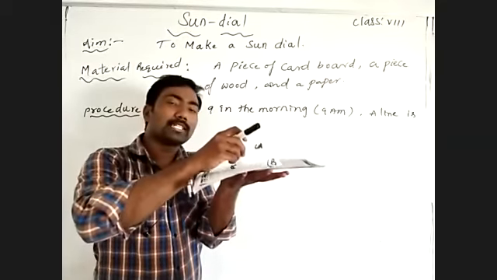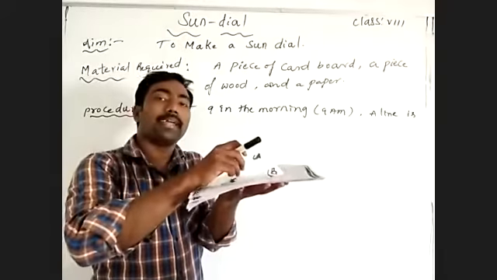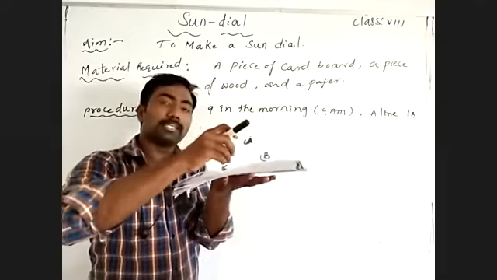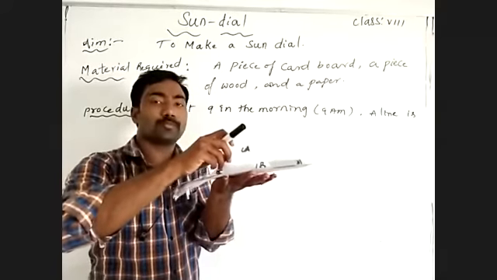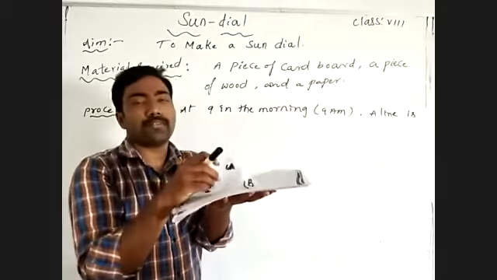By placing it in the open at exactly 9 a.m., we draw a line along the base BC on the wooden base with a pencil.